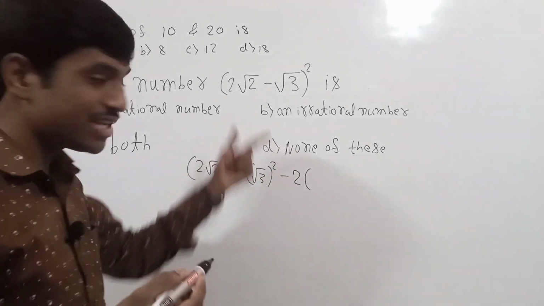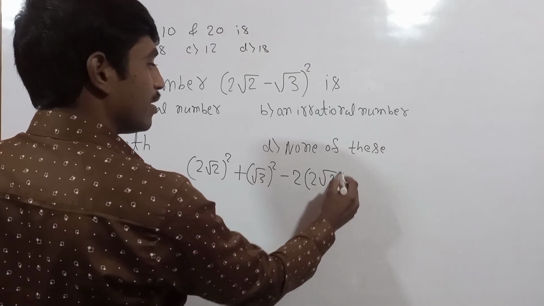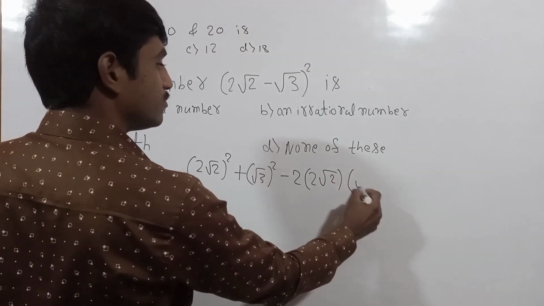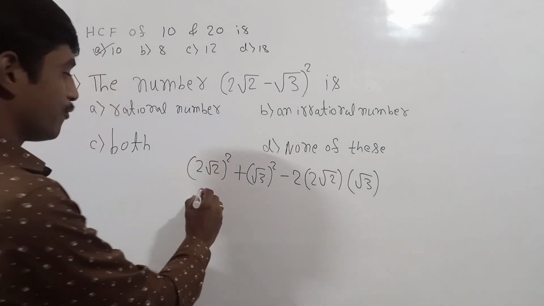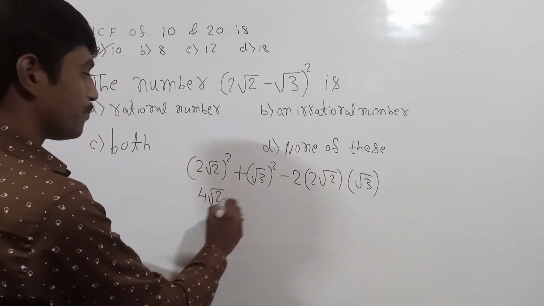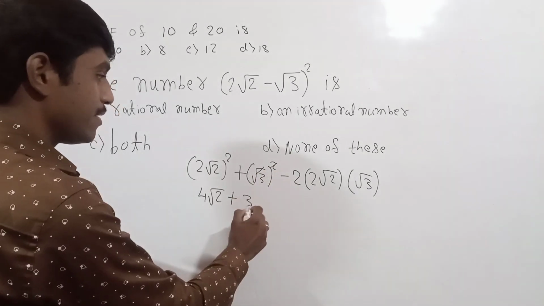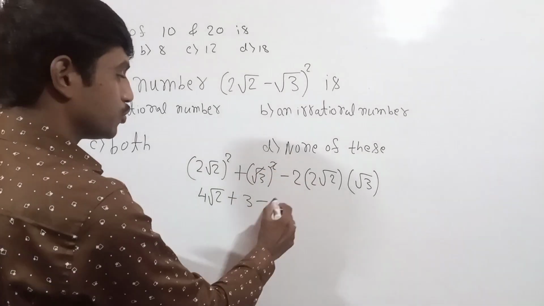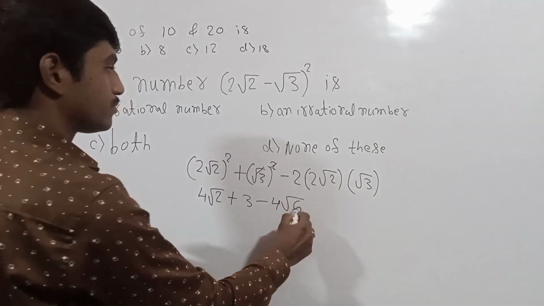This is the formula for (a minus b) whole square. So minus 2 into a into b, which is root 3. Now if you observe here, 2 square is 4, root 2 square cancels the root, so 8 plus 3 minus 2 into 2 is 4, root 2 into root 3 is root 6.